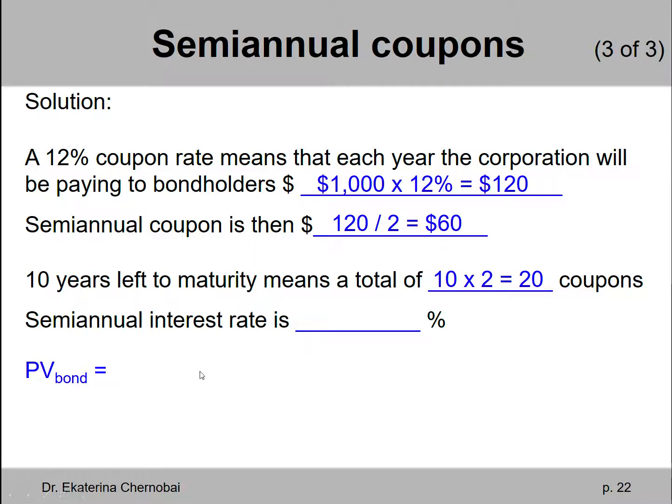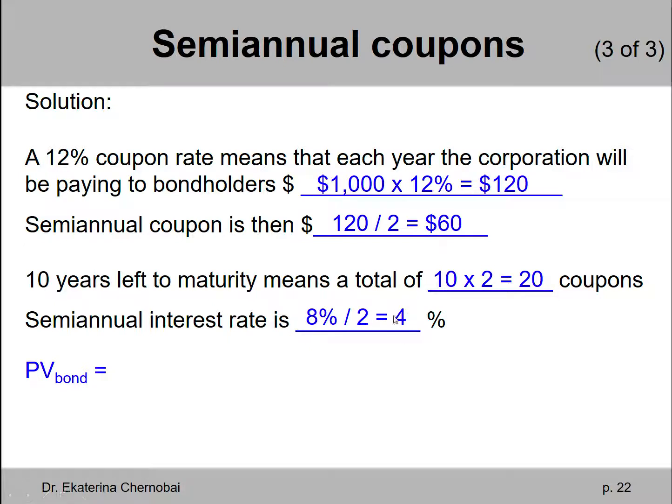And to be consistent, everything throughout our calculations of the bond value should reflect this semi-annual frequency. So for the IY, the interest rate, the yield to maturity, we need to use this semi-annual interest rate. If per year it's 8%, which is given, then we need to divide it by 2.